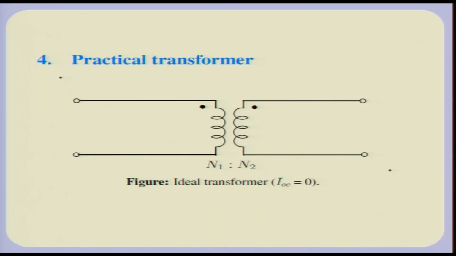Yeah. A practical transformer has several important points. We would like IOC to be 0, although it is not exactly 0, because if IOC is equal to 0, then in sinusoidal steady state we have a very elegant relationship between I1 and I2, that is I1 by I2 is equal to minus N2 by N1.